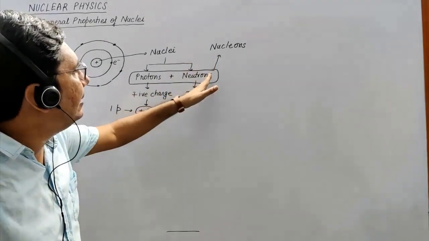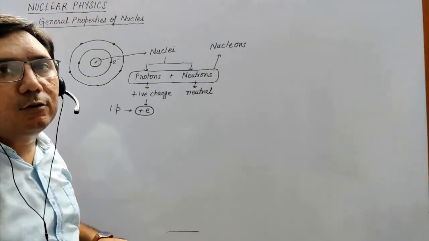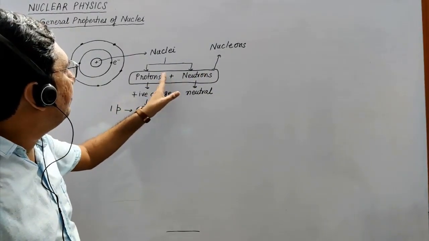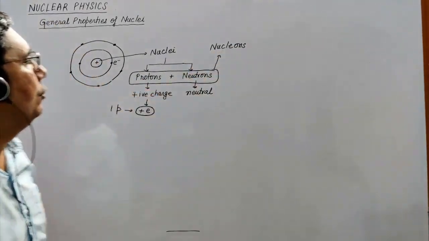Protons are known as nucleons as well as neutrons are also known as nucleons. Because they are found inside the nuclei, they are represented combinedly by the name nucleons.